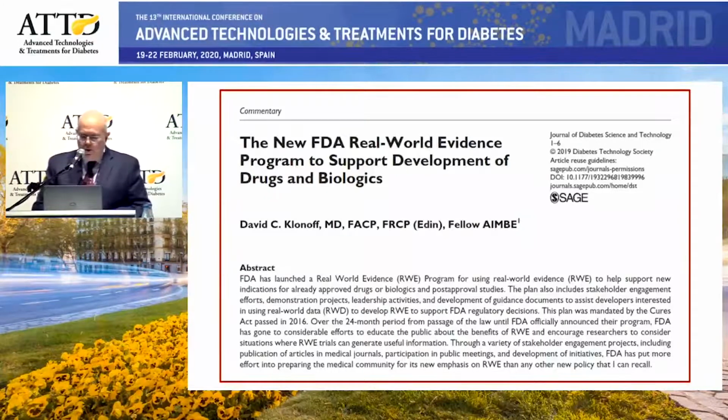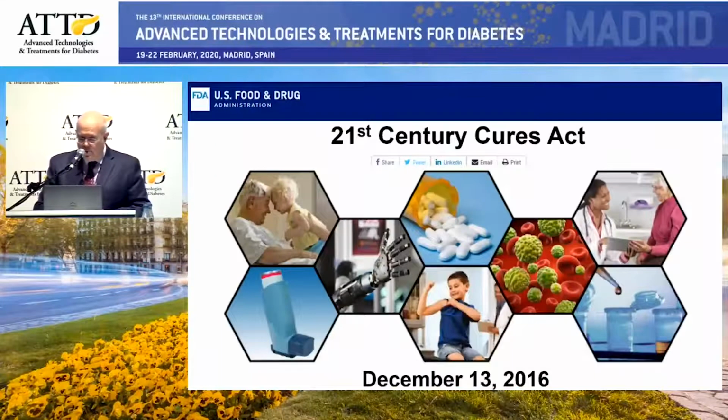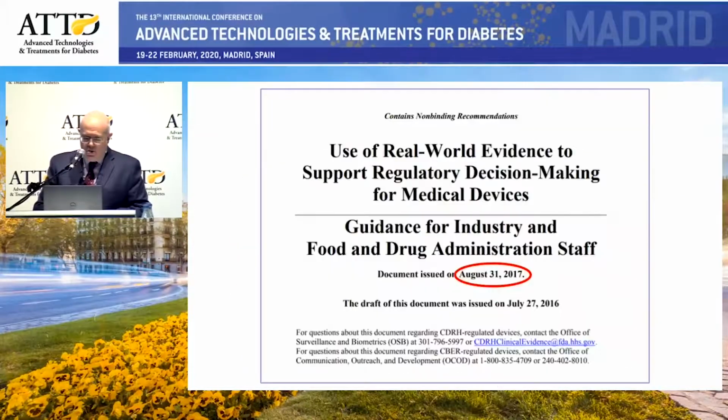I wrote this editorial last year that the FDA now has a program to support development of drugs and biologics. In 2016, U.S. Congress passed the 21st Century Cures Act, which specified that the FDA has to start using real-world evidence in its decisions. In 2017, FDA announced that they would be using real-world evidence to support decision-making for devices.